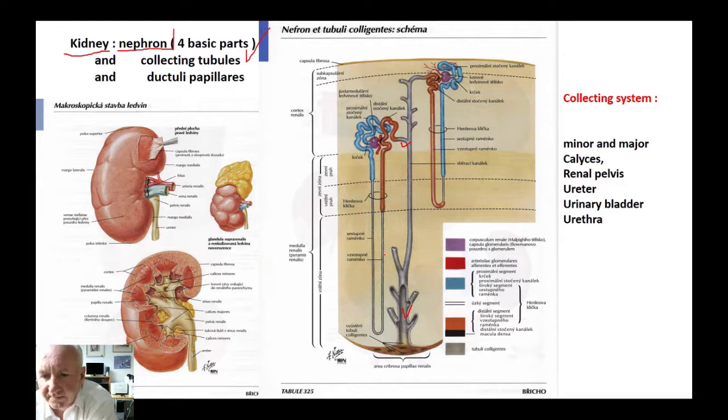They are on the apex of the pyramid in this moment, and here is a minor calyx, the space of the minor calyx. So the collecting system of the urinary passages are the calyxes, renal pelvis, ureter, urinary bladder, and the urethra.